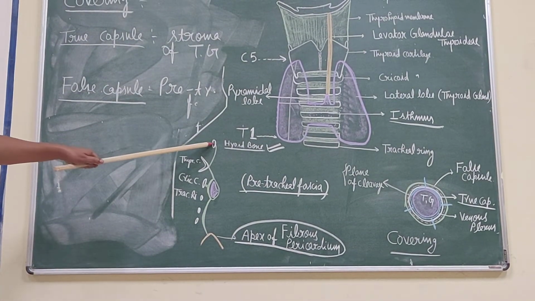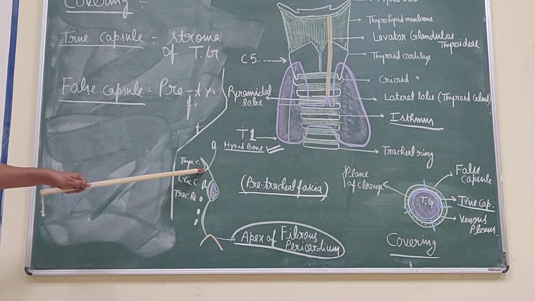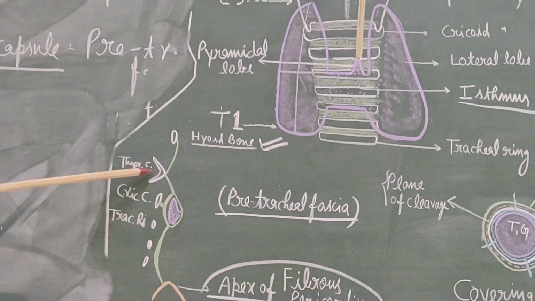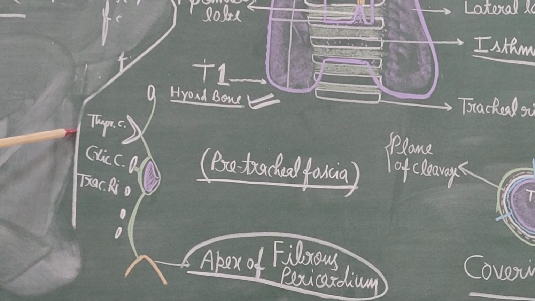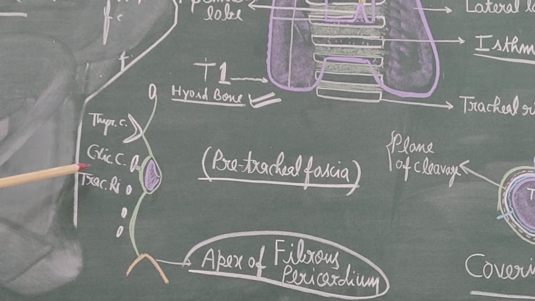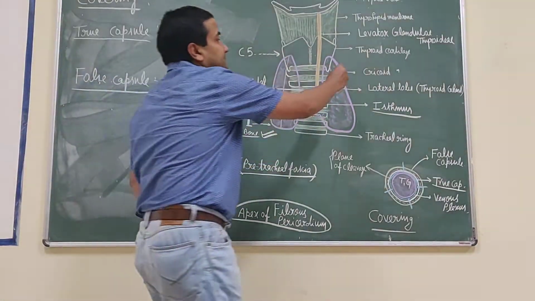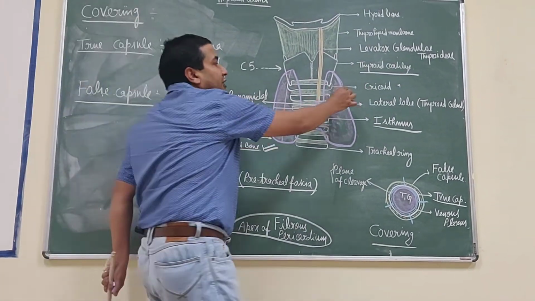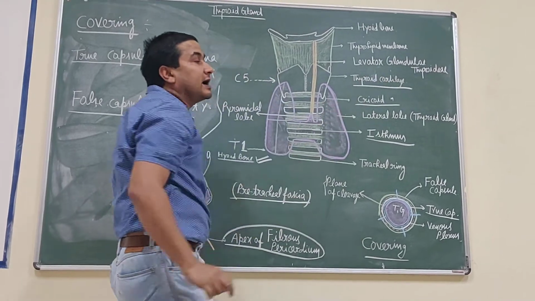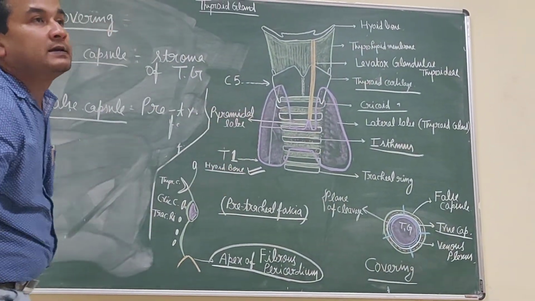From the hyoid bone to the thyroid cartilage, the pretracheal fascia is attached to the oblique line of the thyroid cartilage. Below the thyroid cartilage is the cricoid cartilage. These are the cartilages of the larynx.